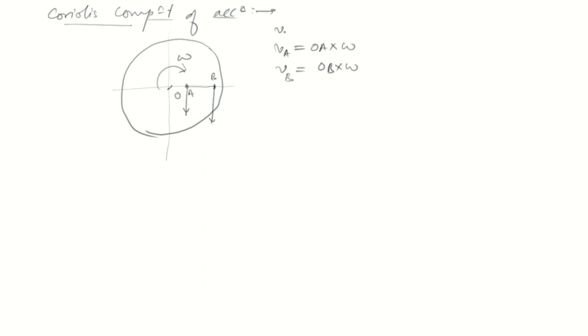Notice that if the object moves back to the point O, the velocity at point O will be 0 along this vertical direction.